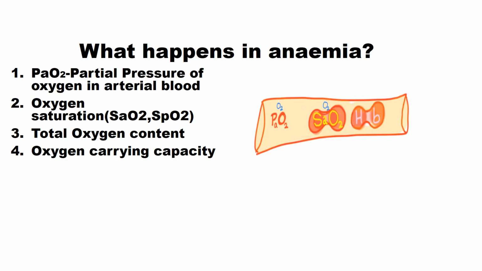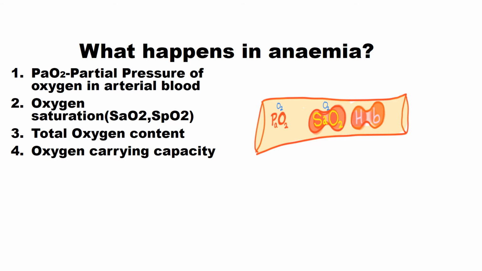So the question is, what happens to the different values of oxygen transport in anemia? For example, the partial pressure of oxygen, the oxygen saturation, the oxygen content, and the oxygen carrying capacity. Since anemia is defined as a decrease in hemoglobin, nothing will happen to the partial pressure of oxygen, it will remain normal.